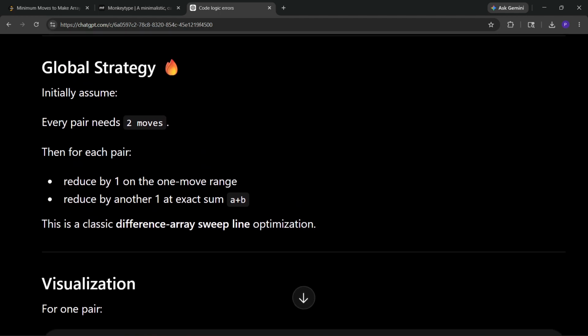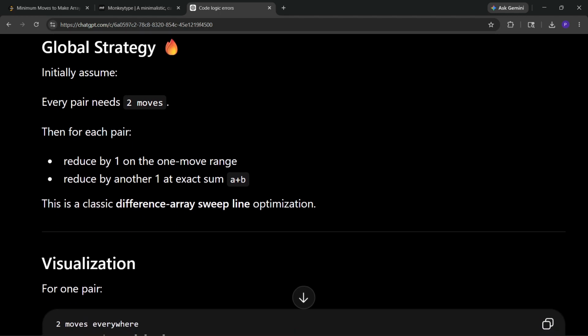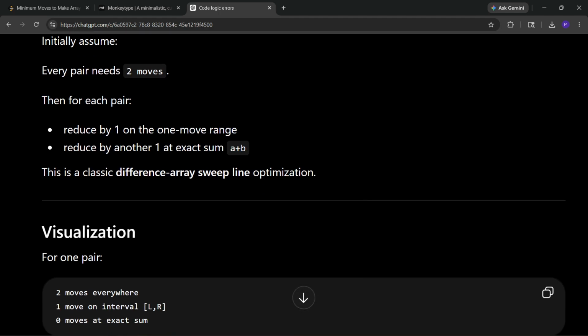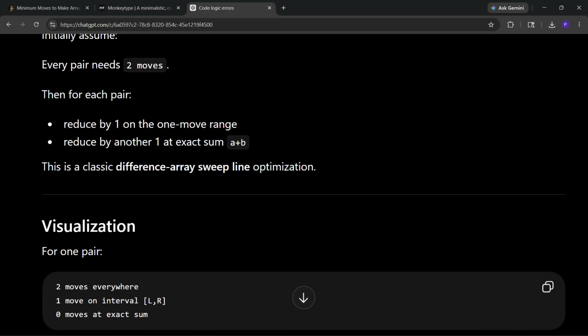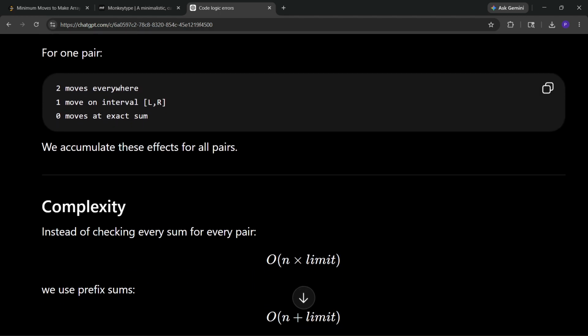Initially, I assume every pair needs two moves. Then for each pair reduce by one on the one-move range, and reduce another one at the exact sum. Straight line optimization. For one pair, two moves everywhere, one move on the interval, zero at the exact sum.